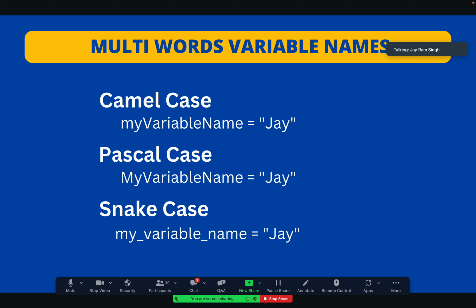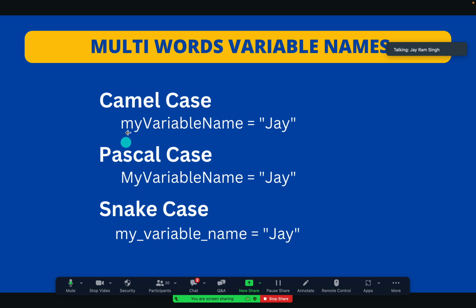Now, there are some naming conventions. I think these naming conventions are global to every programming language, whichever you have learned or will learn in future. There are three approaches: first is camel case, second is Pascal case, third is snake case.